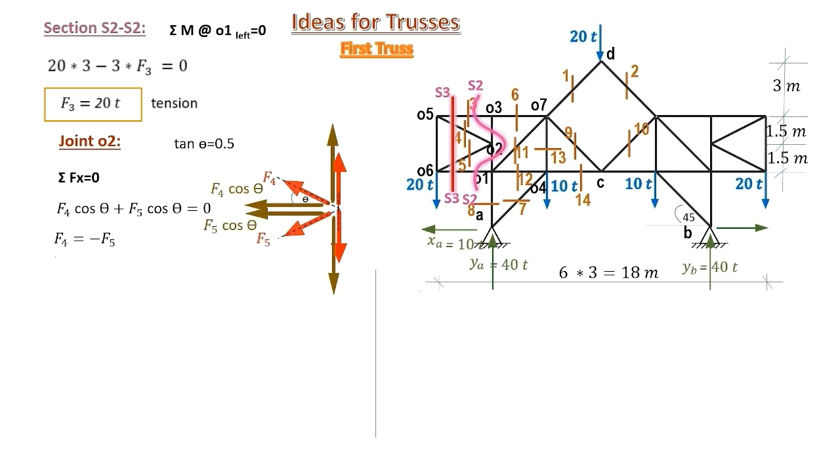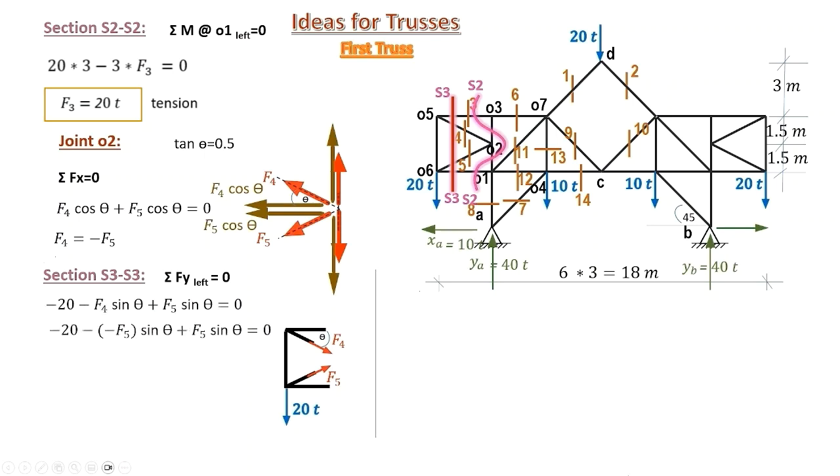So this is S3, S3. And here is our section, considering equilibrium in the Y direction. We conclude that F5 equals 22.36 tons, and therefore F4 is a compression with the same value.